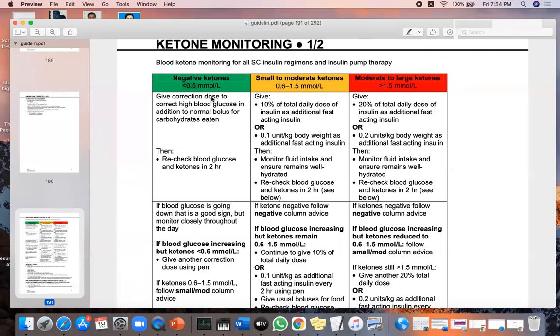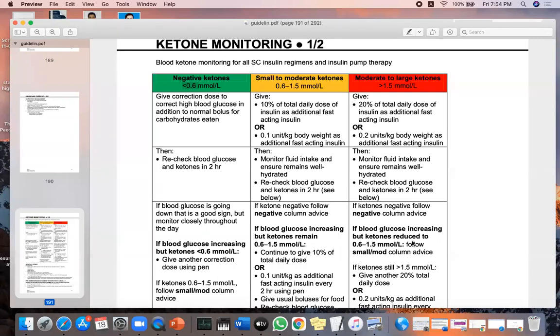It can be Actrapid, it can be Humalog, very fast acting, rapid acting insulin. So how much insulin you will give? This is correction dose. Okay, there are two types of dose in sick day. One is correction dose, and another is 10% of the total daily dose.